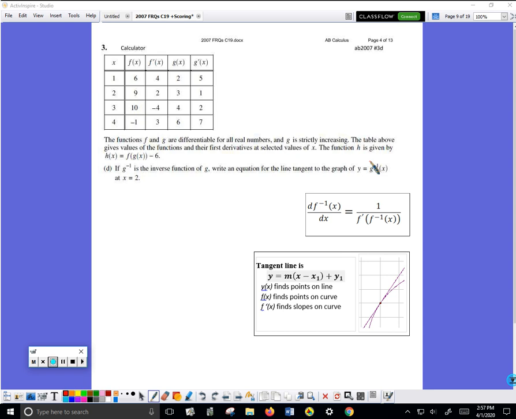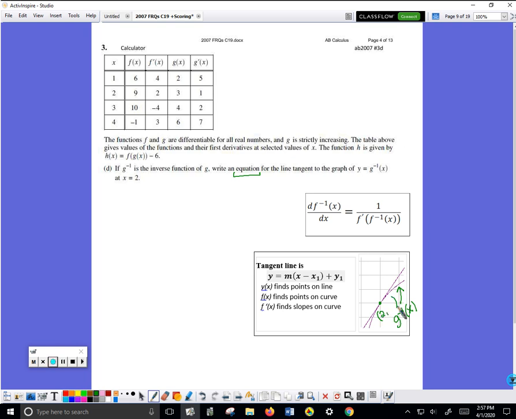In this problem, we're thinking of this right here as being g inverse. We're looking for an equation of the line tangent, not slope. Keyword is equation. Equation of line tangent. This would be x equals 2.